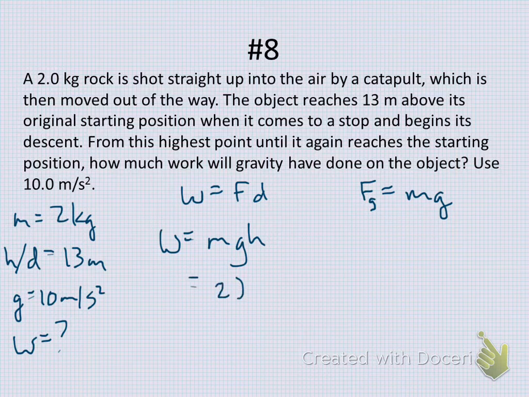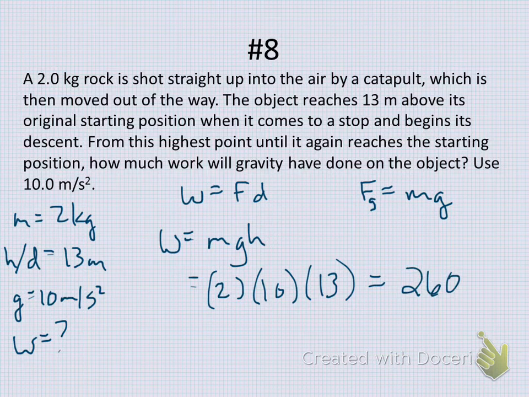So when we plug in our 2 times 10 times 13 meters, we get the work done by gravity on the object as 260 joules. And that's positive because the rock is on its way back down from the highest point until it reaches the starting position, while the force is also, of course, down.